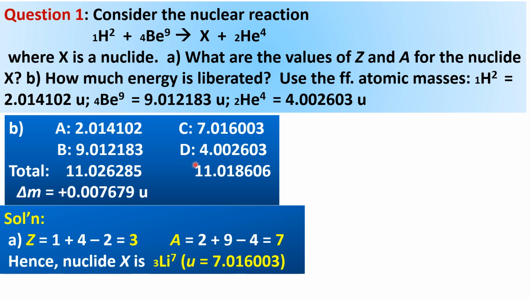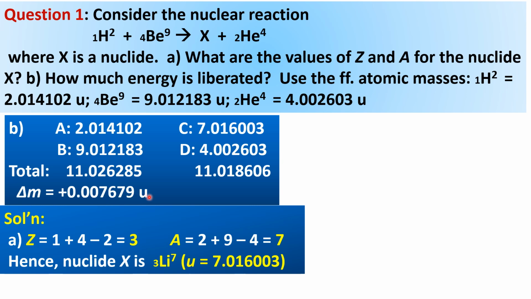Likewise, for the resulting nuclides in the products, for the nuclide lithium, its atomic mass is 7.016003 atomic mass unit, and for an alpha particle, it is 4.002603, for a total of 11.018606. And if you get the mass difference, we will get positive 0.007679 atomic mass unit.